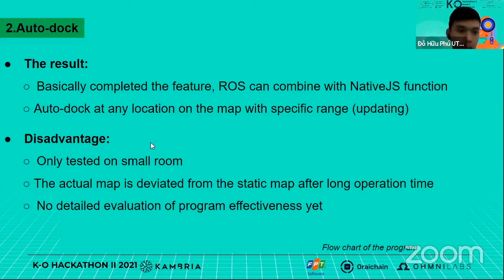And the result: basically, we completed the features and can compile to native JS functions. AutoDock: we can autodock at any location on the map within a specific range. Because we don't have a place to test this, we are just updating the range.